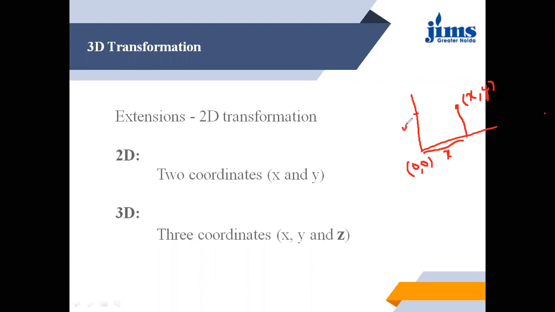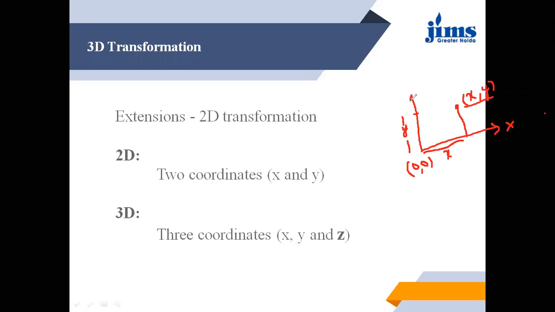We represent each and every object by using two coordinates, x and y, that is in the x direction and y direction.